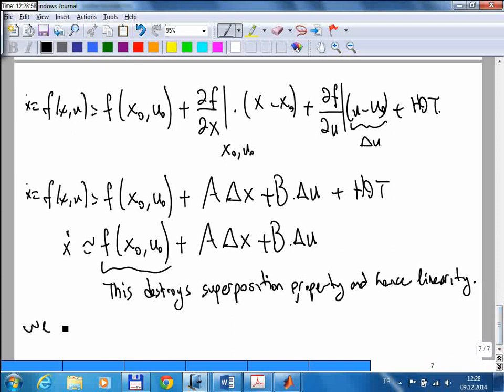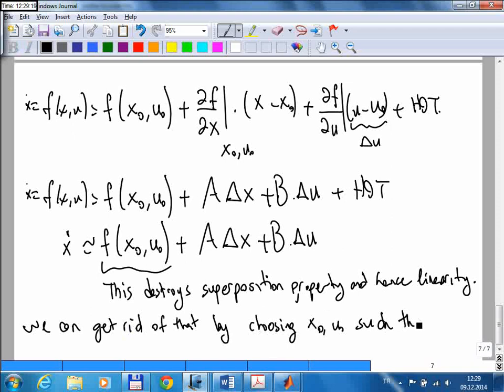So we need to get rid of this term, and we can get rid of that by choosing x0, u0 such that that function is equal to 0. F of x0, u0 is equal to 0.